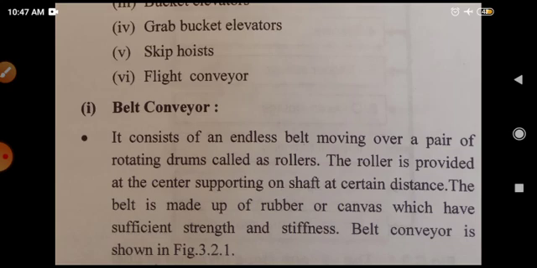You might have come across this belt conveyor. A long continuous belt, or endless belt, is moving over a pair of rotating end rollers. Rollers are provided at the center, supporting the shaft at a certain distance. The belt is made up of rubber or canvas.